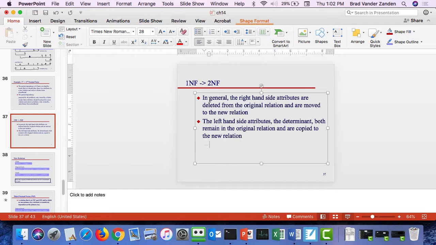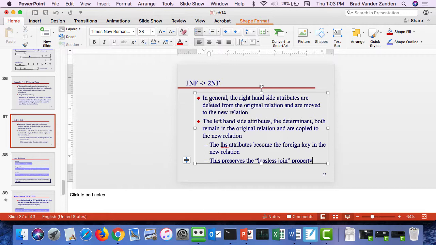Okay, and so the LHS attributes become what we call the foreign key in the new relation. So that's what preserves the lossless join property.